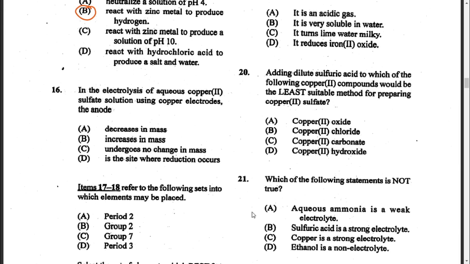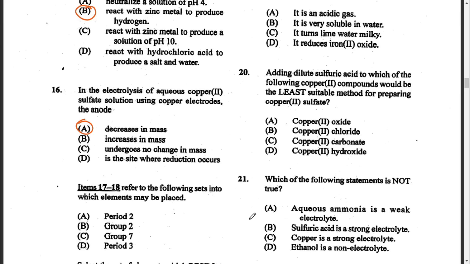The electrode at the anode would be breaking down to supply the copper 2+ into solution, and that copper 2+ then attacks the electrode, the cathode, and would be reduced and form the copper metal. So you would see a decrease in the mass at the anode, and that answer is A.